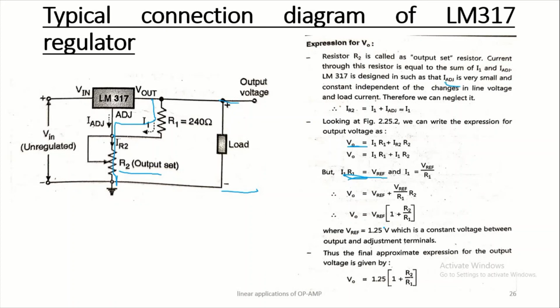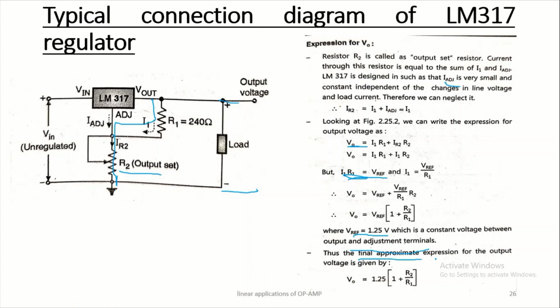Taking V reference common, the equation becomes V0 is equal to V reference in brackets 1 plus R2 by R1, where V reference is 1.25 volt, a constant voltage between the output and adjustment terminal.